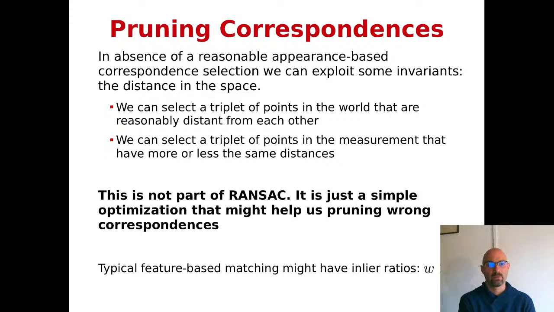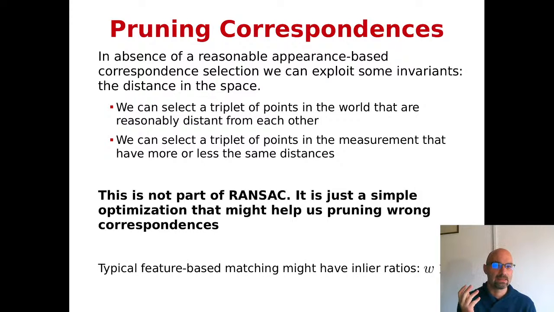As I mentioned before feeding RANSAC, we might want to have a correspondence pruning strategy, something that kicks away bad candidates in the generation phase, that produces a minimal set of correspondences that is more feasible than just a random one.